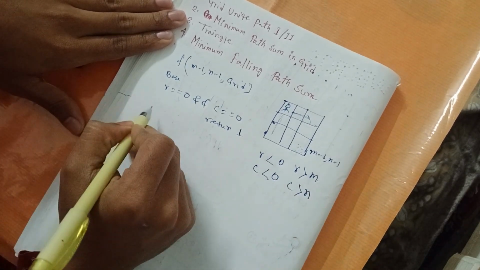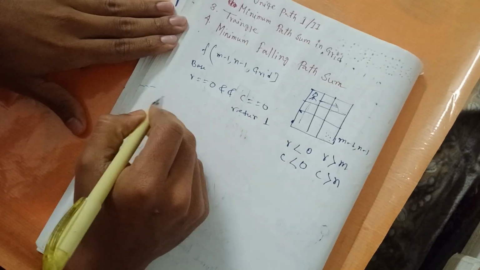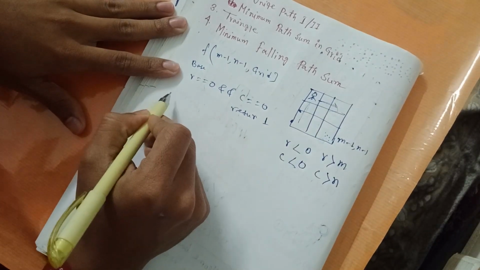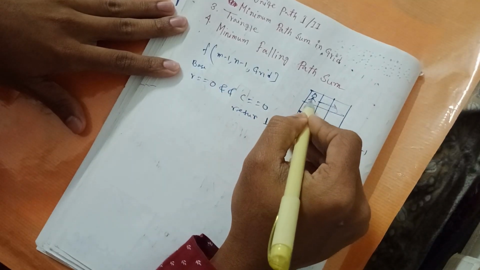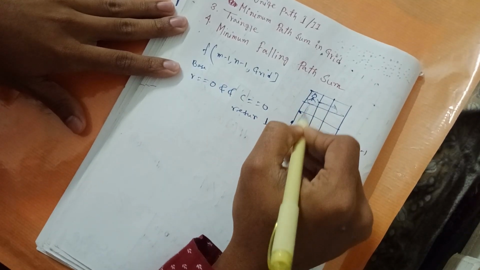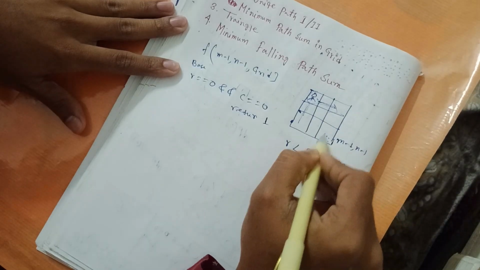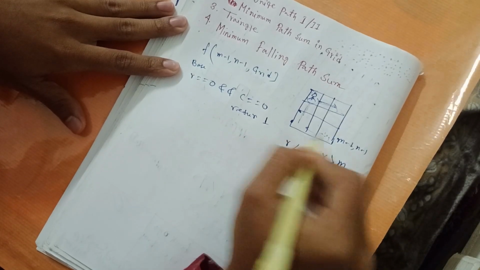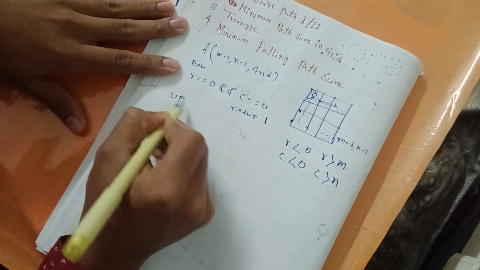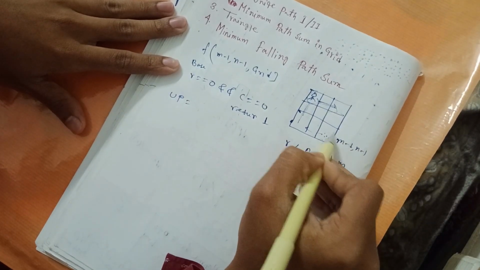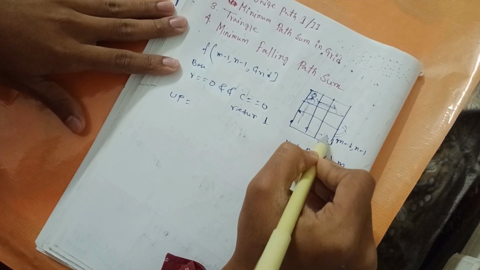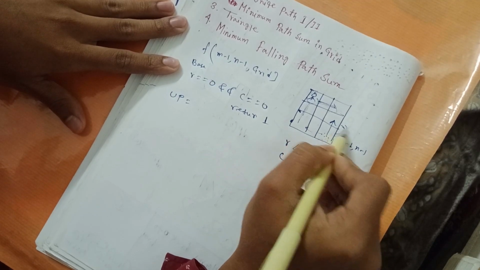Okay, and what are the possible moves? If you backtrack from here, you will see that there are two choices. From the top you go down and right, but if you come from the last cell, you will go left and up. When you go up, my row decreases but the column is fixed.